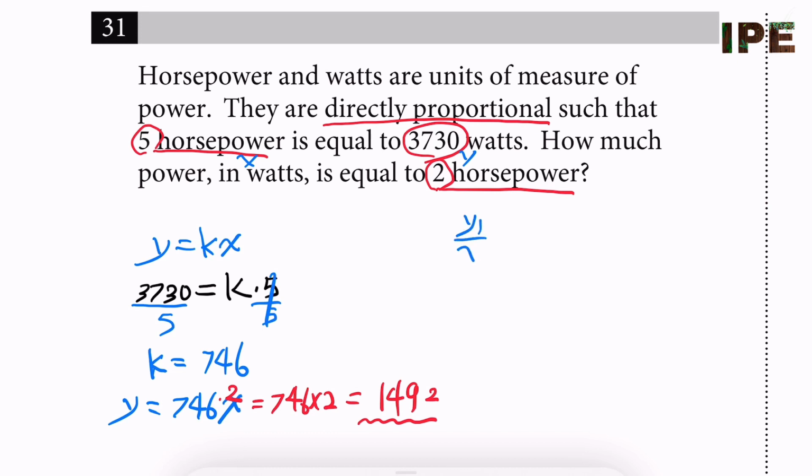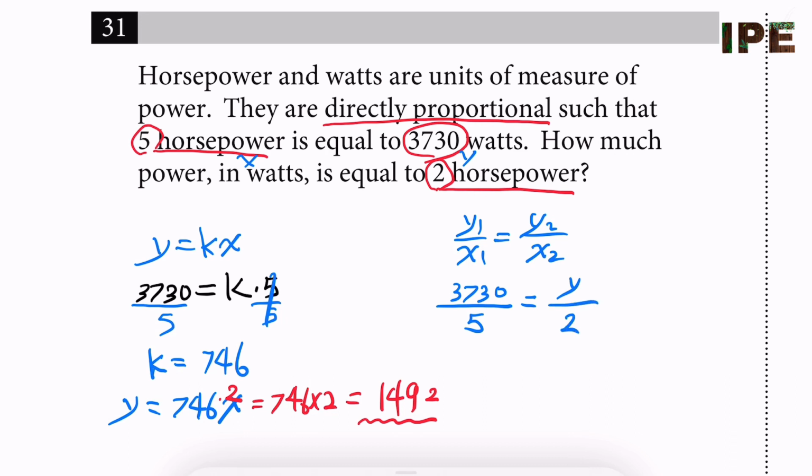Let me use a different way: y1 over x1 equal to y2 over x2 in a direct variation problem. So y1 is 3730, over x1 is 5, is equal to y2, which I don't know, over 2.